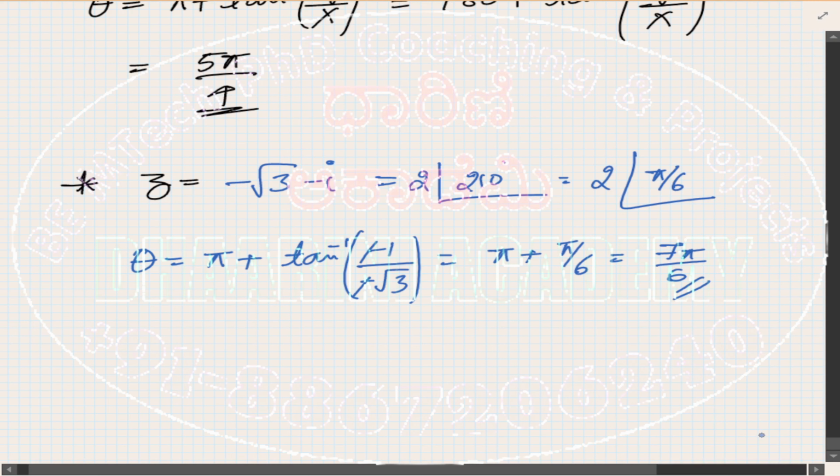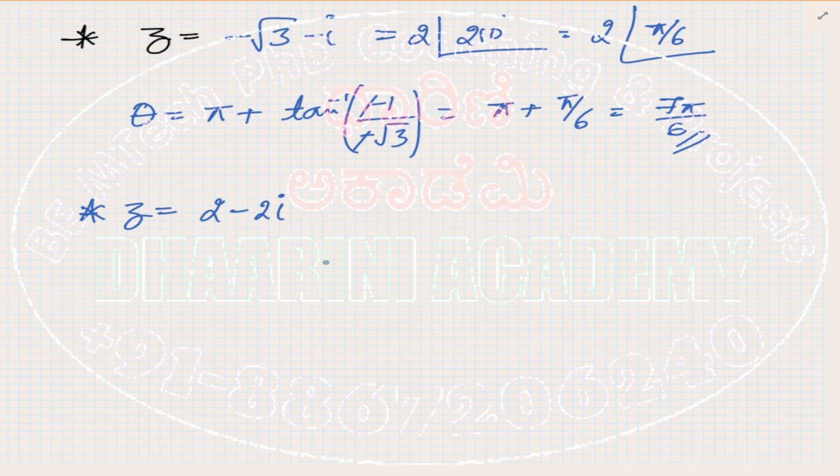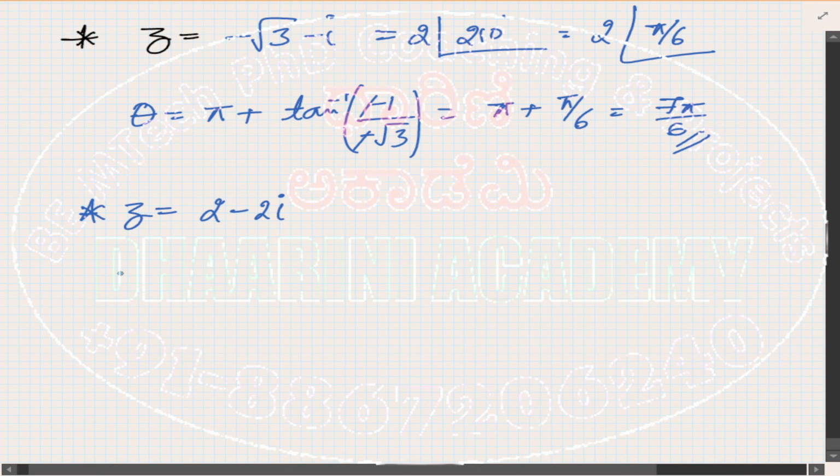In this case, we look at the z values which lie in the fourth quadrant. All right. So for the fourth quadrant, z should be equal to, say, 2 minus 2i. So first let's calculate the r in a normal fashion.